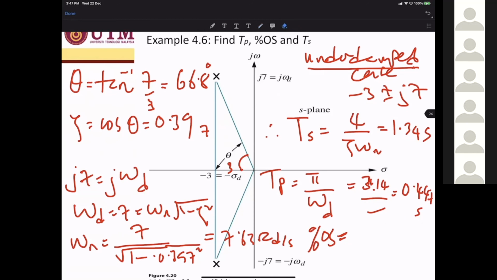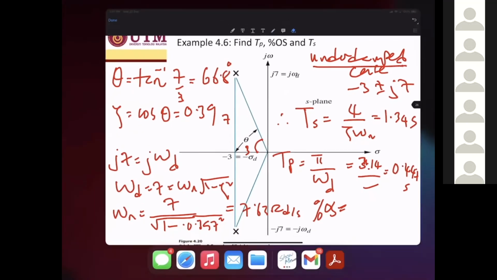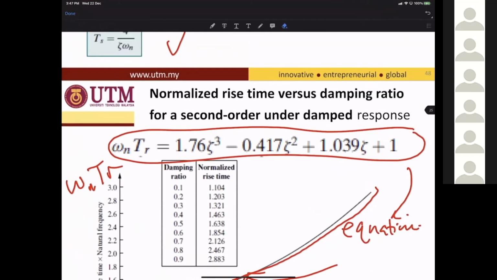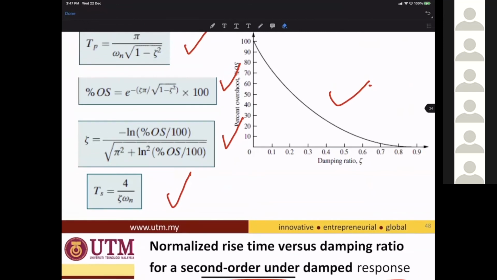This formula. Insert the zeta value and multiply by 100. Aisha, can you help me? This is zeta.